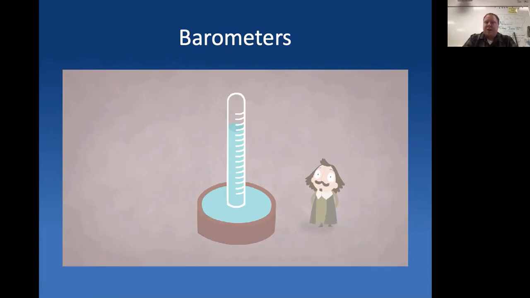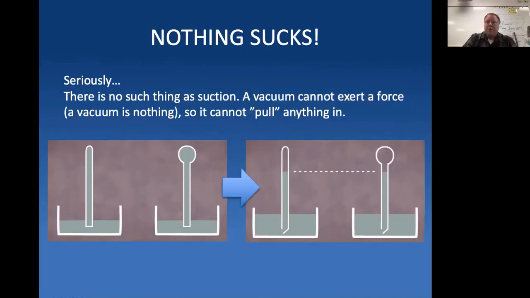But this idea that I kind of went over: there is no such thing as suction. The entire concept of suction doesn't exist. Suck is not a thing. It doesn't actually happen. A vacuum, which is nothing, cannot do anything. It cannot pull anything up.